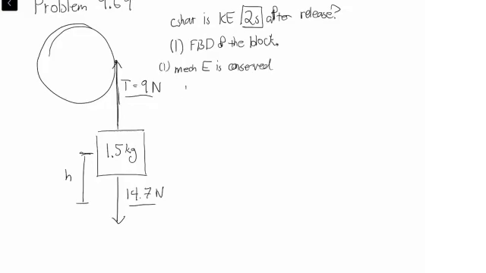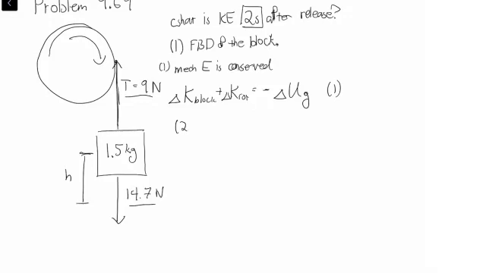So the change in kinetic energy of the block plus the change in kinetic energy of the rotating wheel is equal to minus delta U of gravity. That's one way of solving the problem.